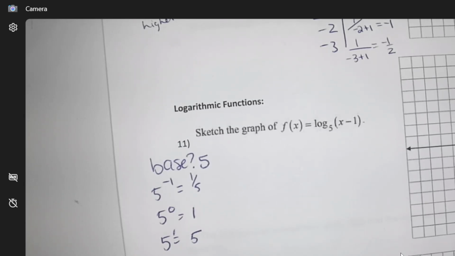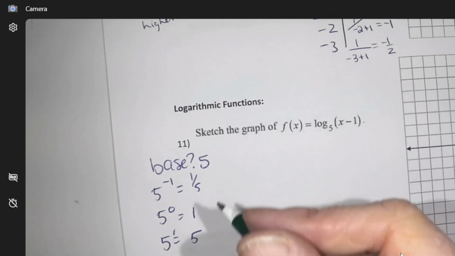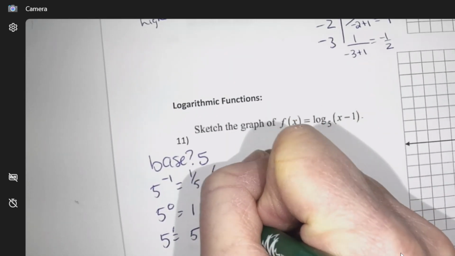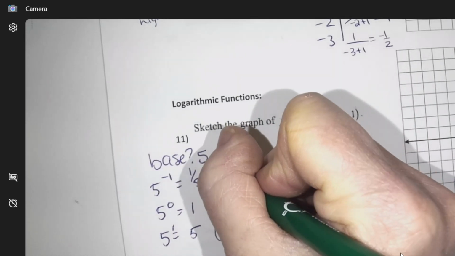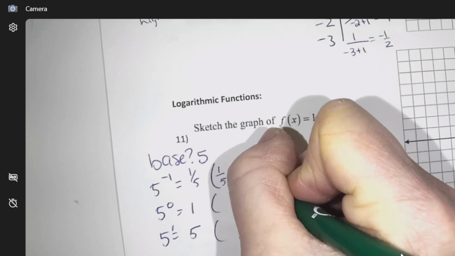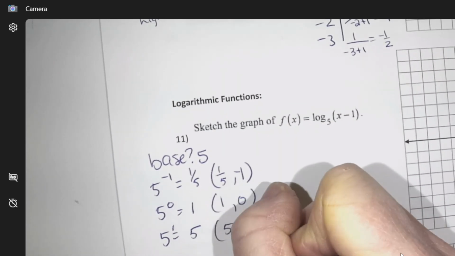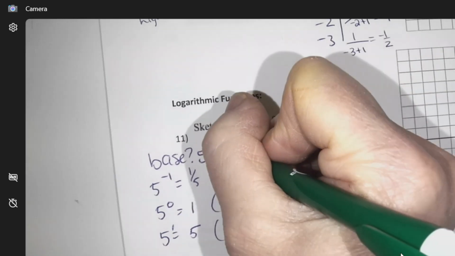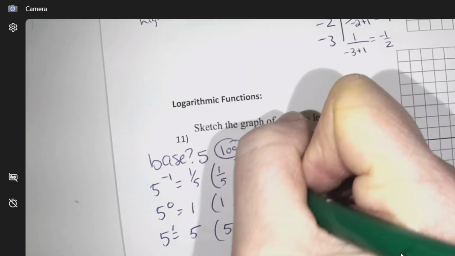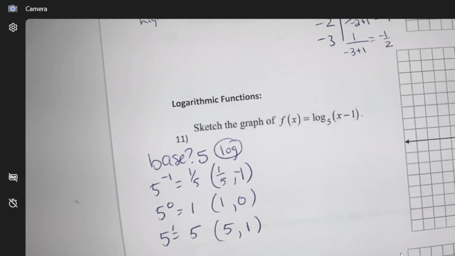Okay, because this is a log, how should I write my coordinates with logs? Results, comma, exponent. Okay, so when you do logs, it's that inverse situation, right?